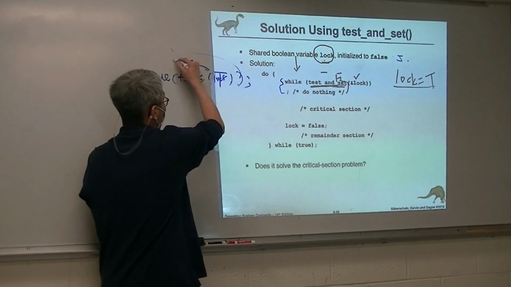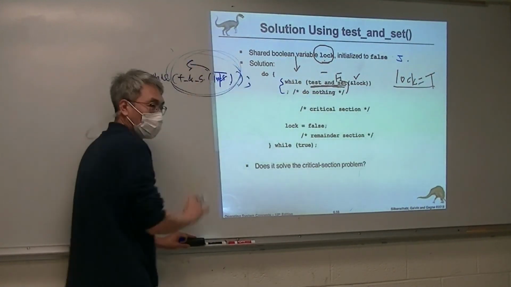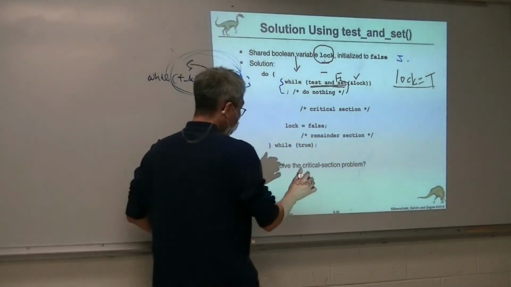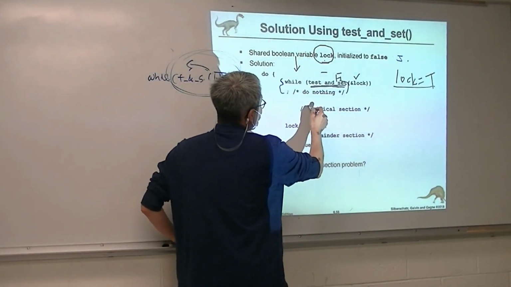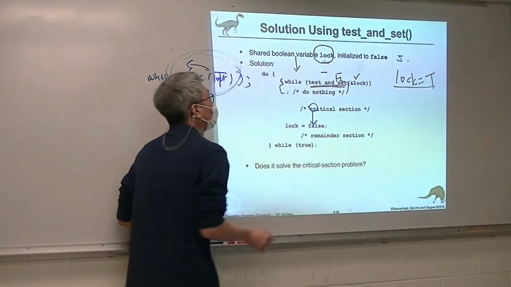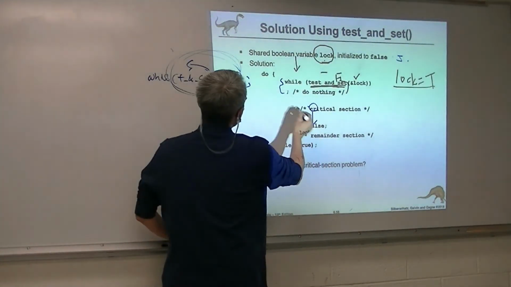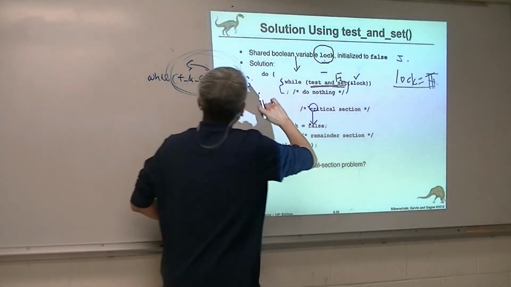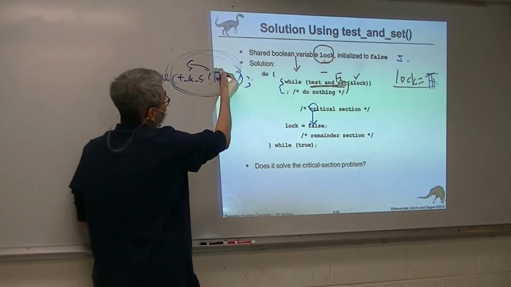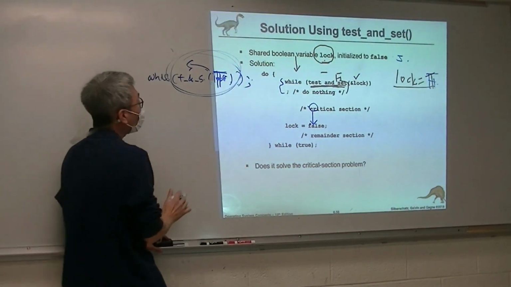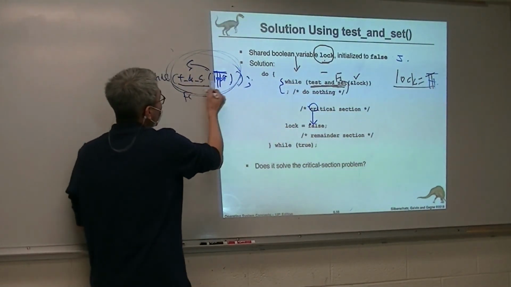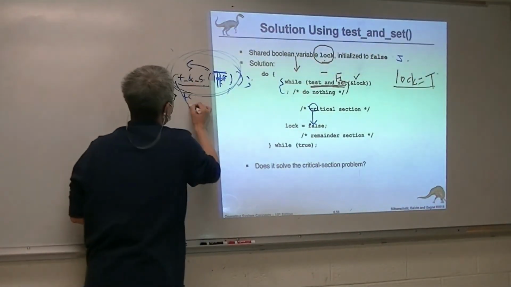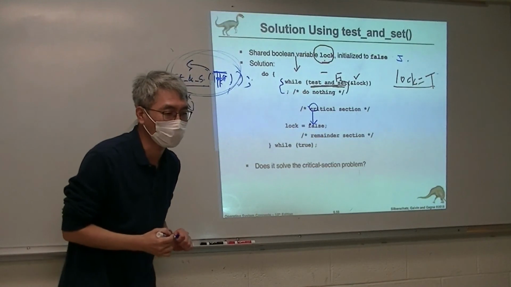True forever. Then when the current process exits, the lock is set to false. Once this is changed to false, the input is false, the output is false, then the lock is changed to true again, and this process can enter the critical section.